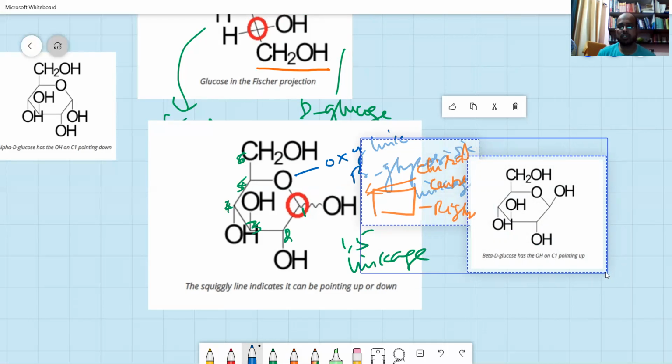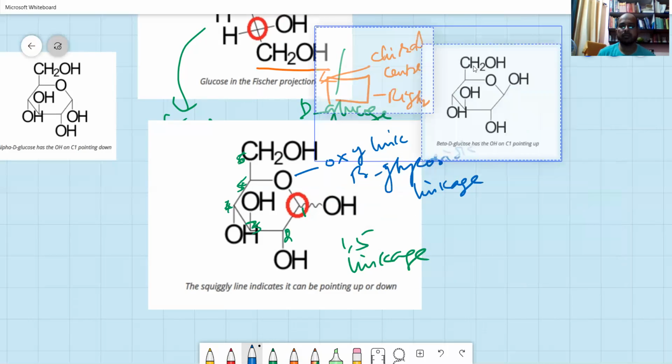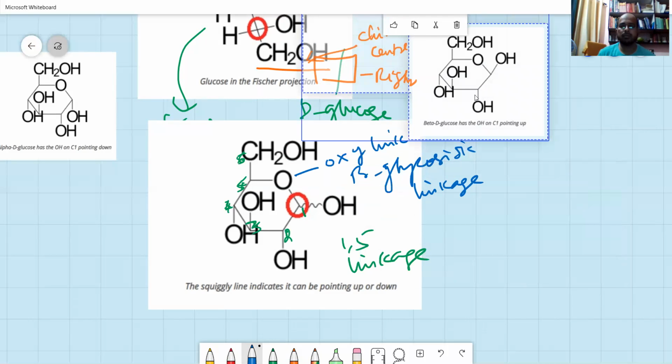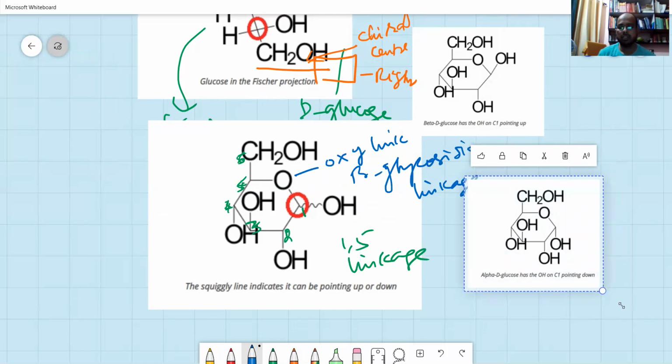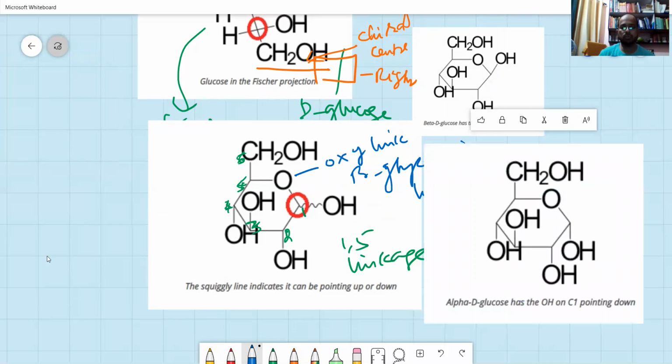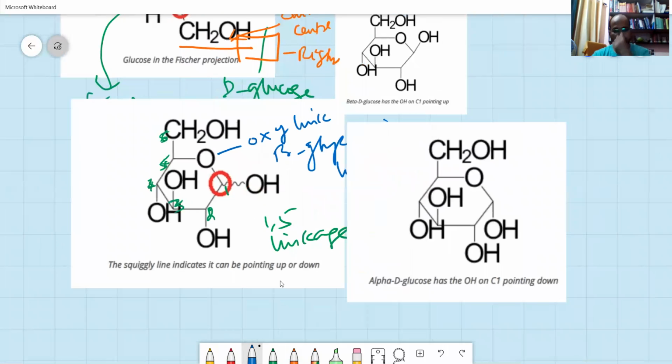So in such a case, when you write a cyclic structure, you have to write whether the glucose is alpha or beta. I'll just take this example. Here you can see this OH group is pointing down. Alpha D-glucose, the OH on C1 is pointing down.